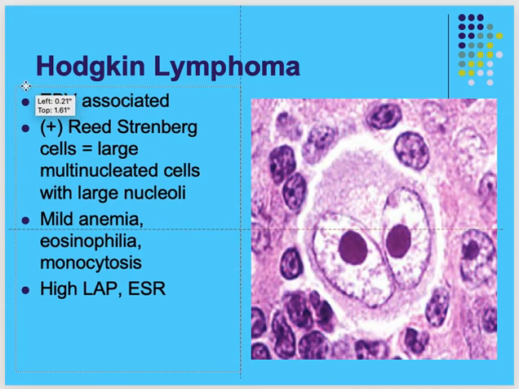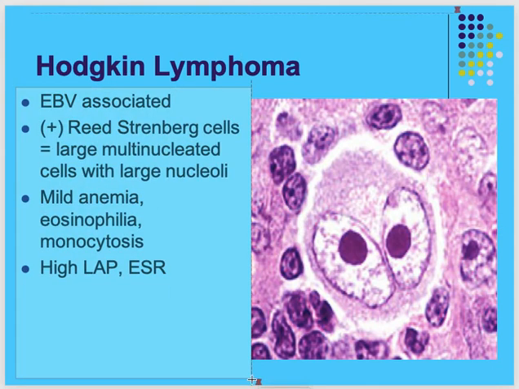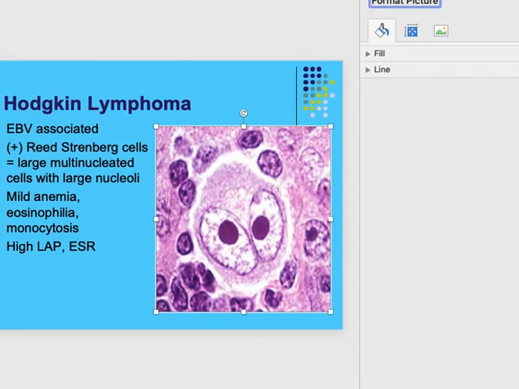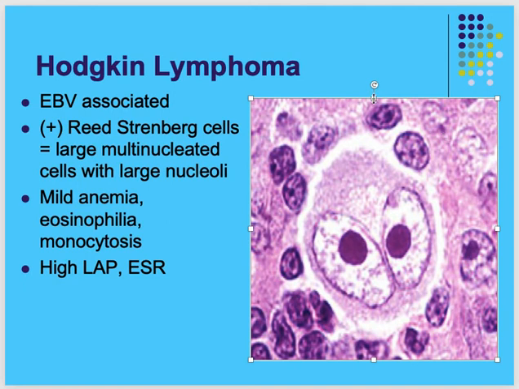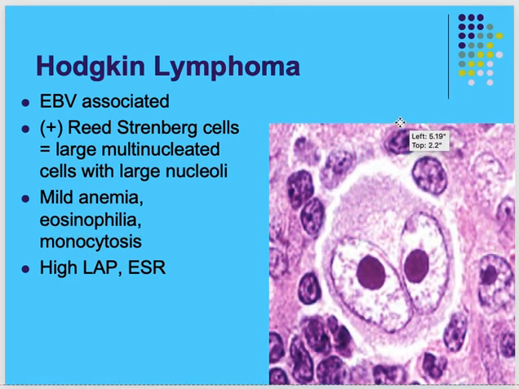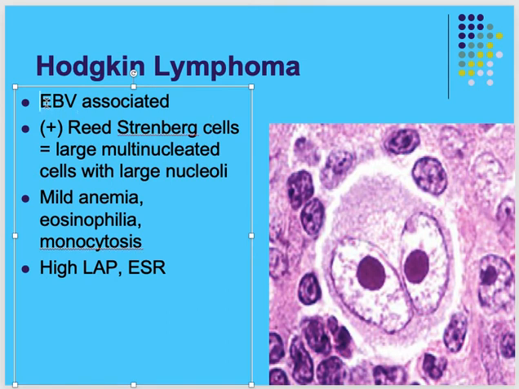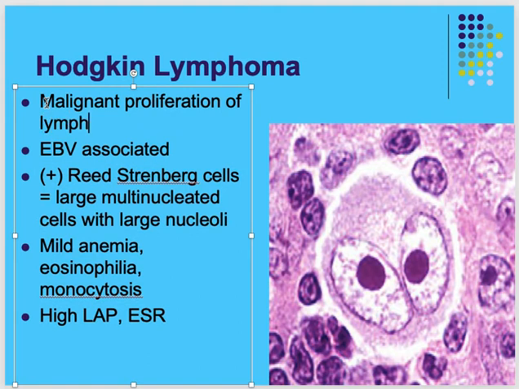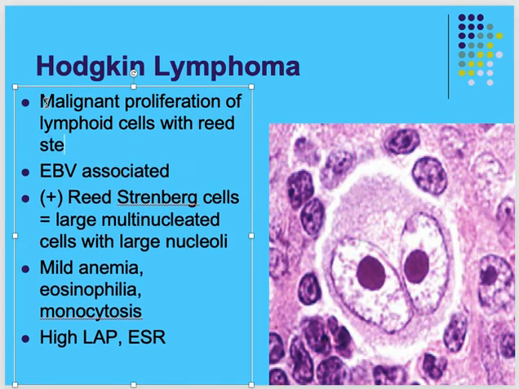I would write over here the definition of this one, just to make it smaller, I will move it over here. Okay, so it is malignant proliferation of lymphoid cells with Reed-Sternberg cells.